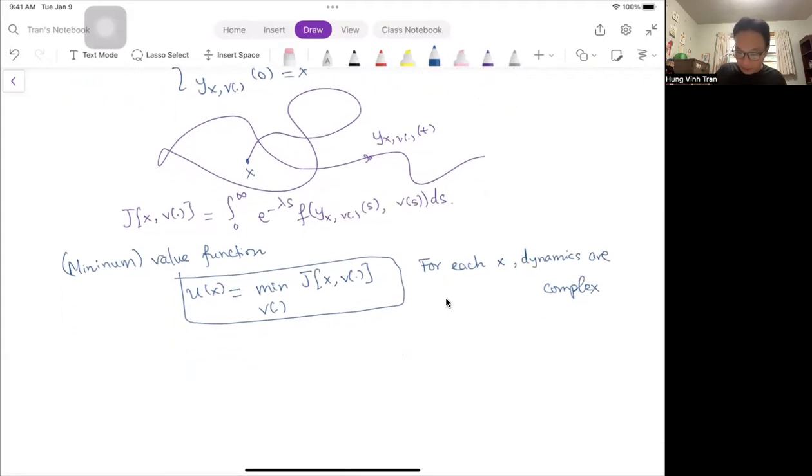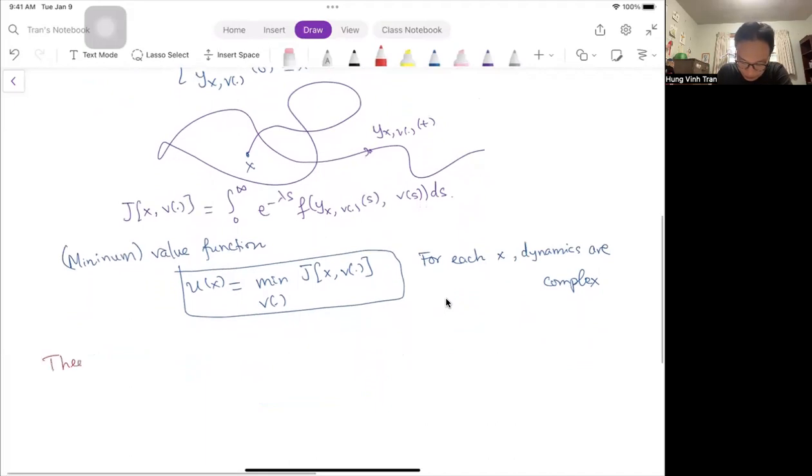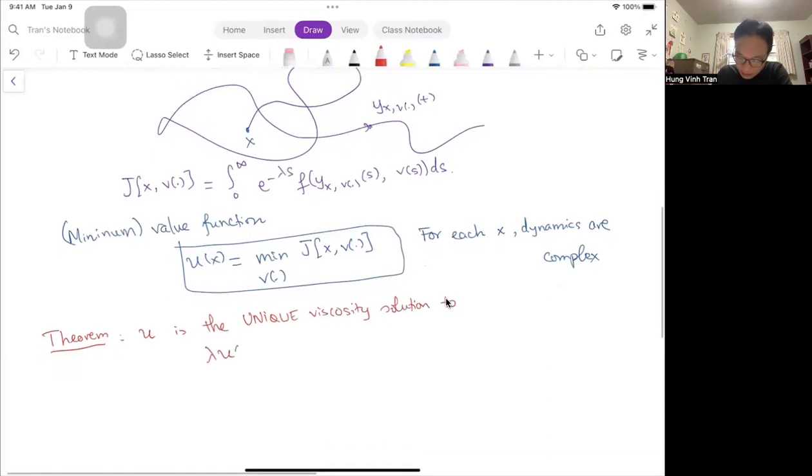And the theorem that we're finally going to prove in this lecture is that u, defined as the value function, is the unique viscosity solution to the static problem with the discount factor lambda coming into place: lambda u(x) plus H(x, Du) equal to 0 in Rn.